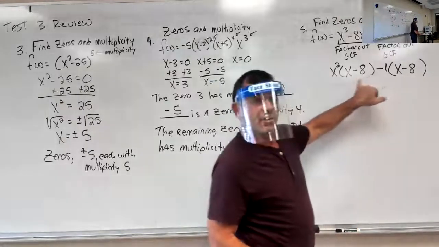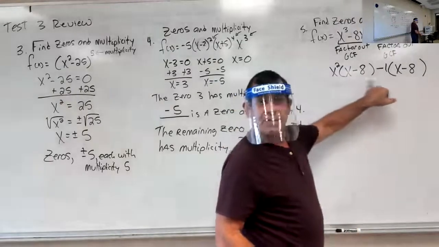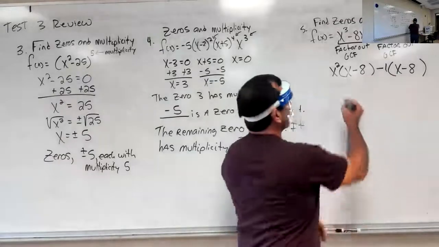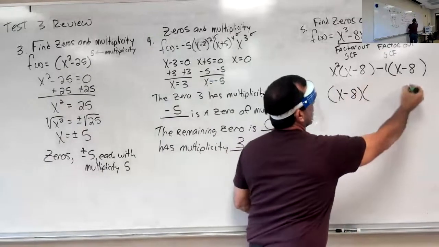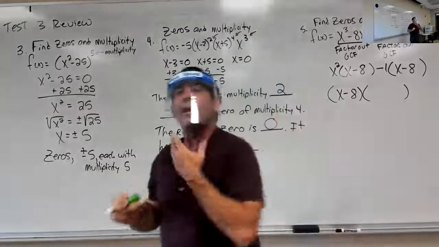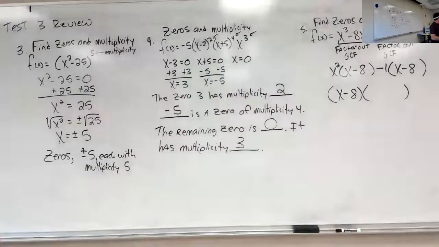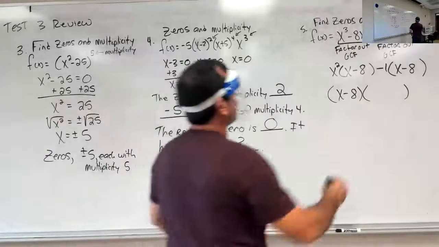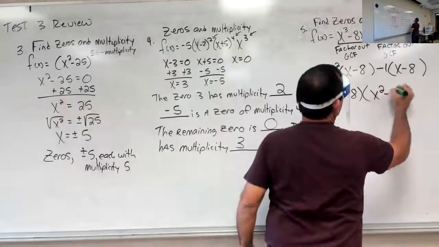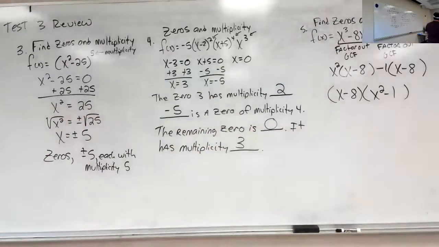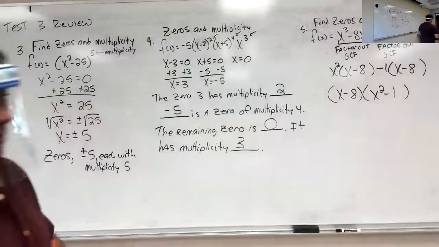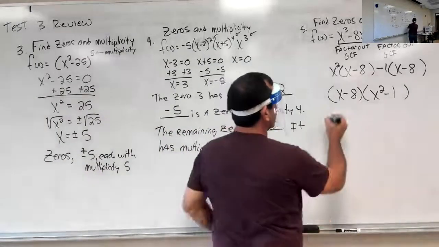They now have a greatest common factor, right? Both of these have an x minus 8 in them. So we're going to factor out that greatest common factor they both had. So if I factored out the x minus 8, what's going in the second parentheses? X squared minus 1. One of those can go further, the x squared minus 1. So I'm going to bring down the x minus 8.